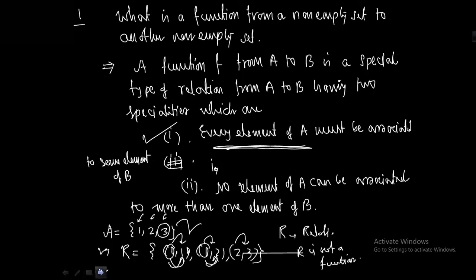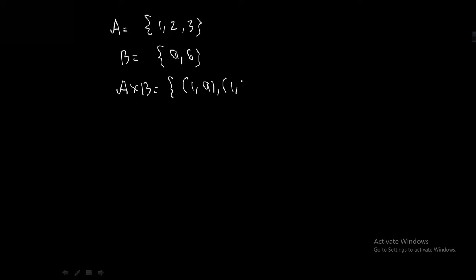Example number 2. Let us consider the sets A = {1, 2, 3} and B = {a, b}. So A cross B will be {(1,a), (1,b), (2,a), (2,b), (3,a), (3,b)}.